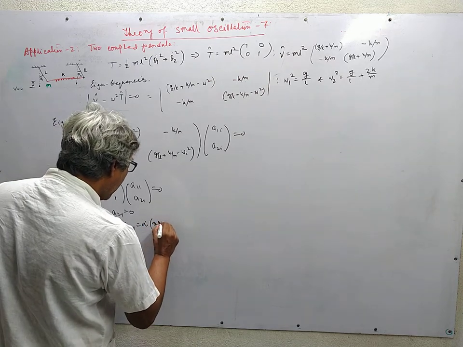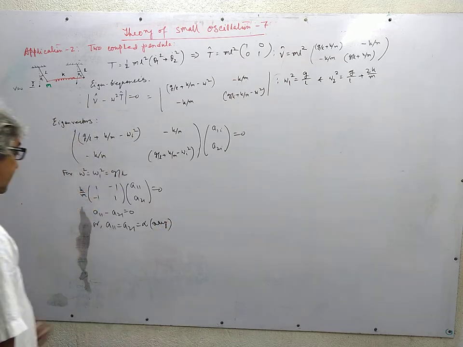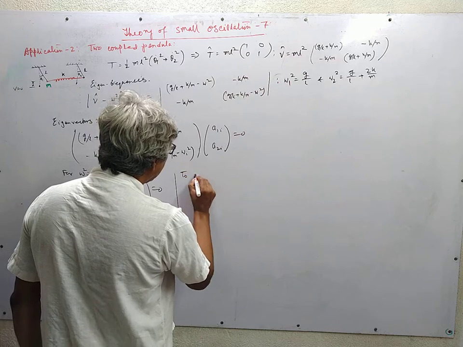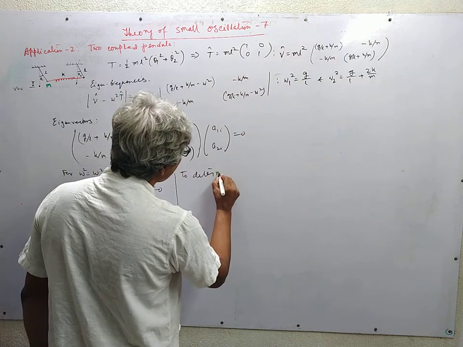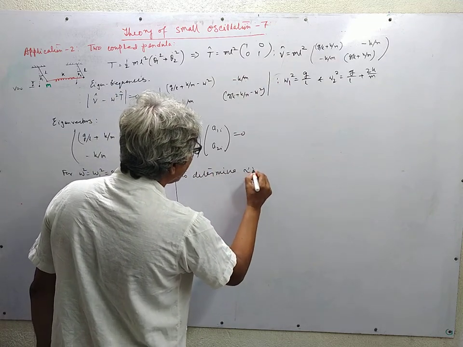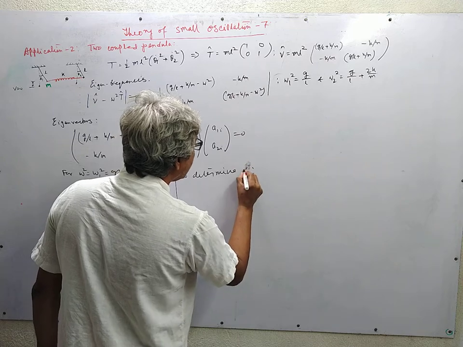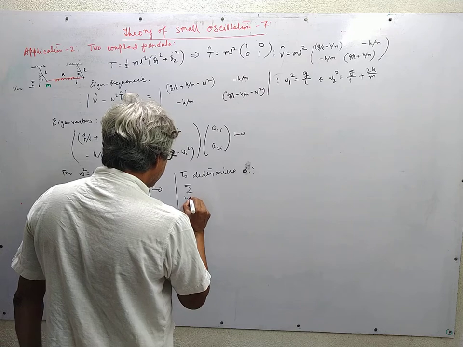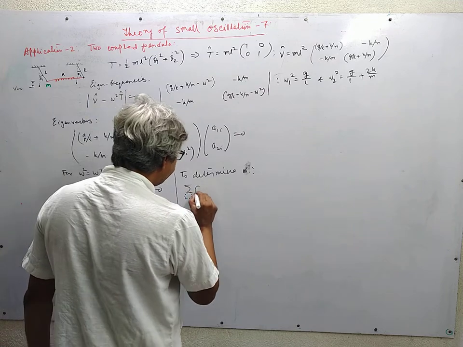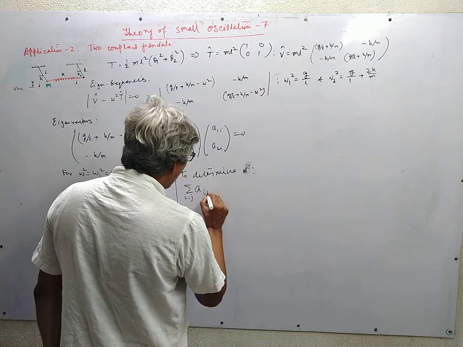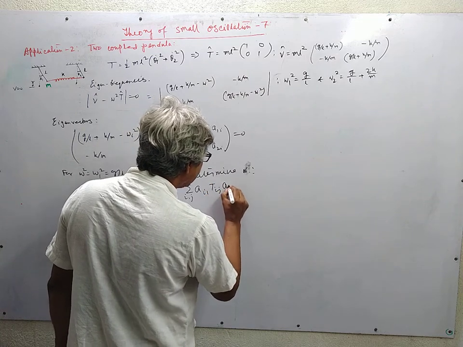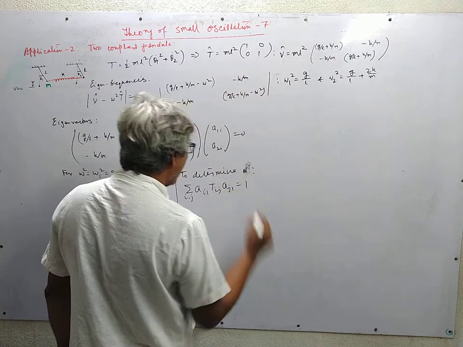How to determine alpha? To determine alpha we use the normalization condition of the T matrix. This is the summation over i, j of A_i1 T_ij A_j1 is equal to 1.